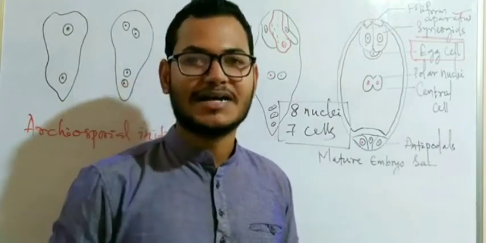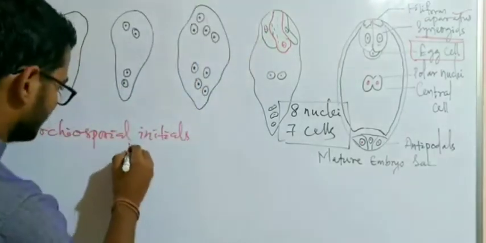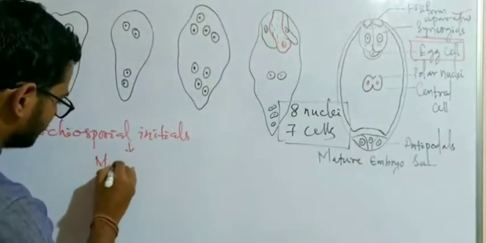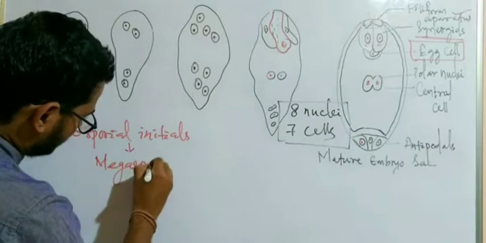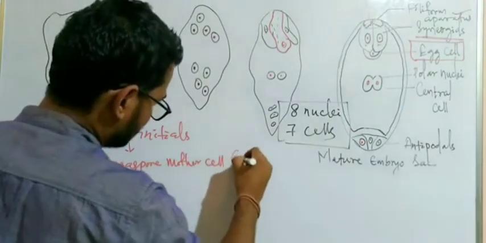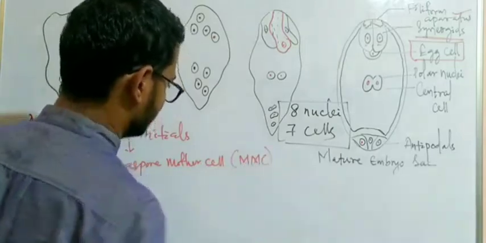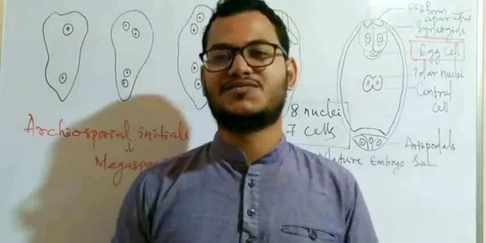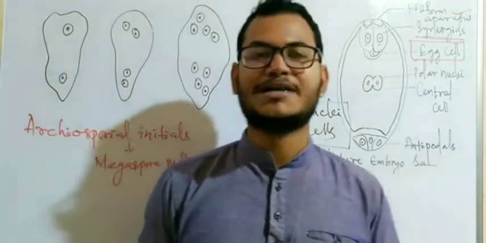It is called the megaspore mother cell, which is called MMC. The megaspore mother cell is formed and it undergoes division now.